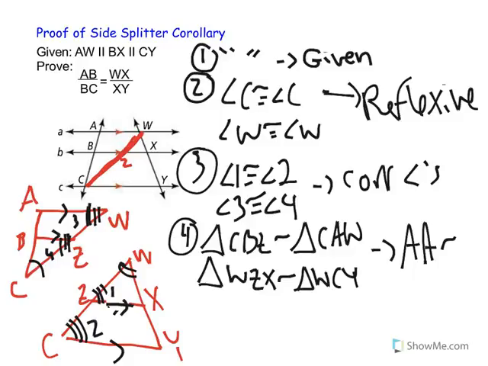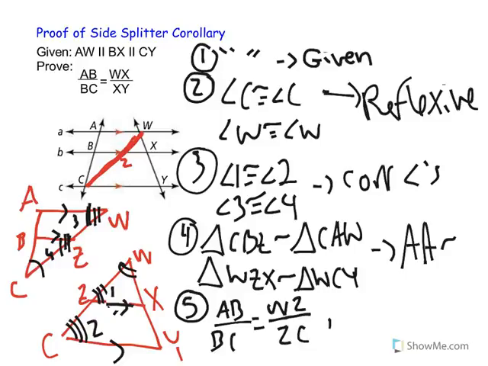So now, since I have similar triangles, I can use the side splitter theorem, which we just proved. So I can say that AB over BC would have to equal WZ over ZC, and also WX over XY would have to equal WZ over ZC.